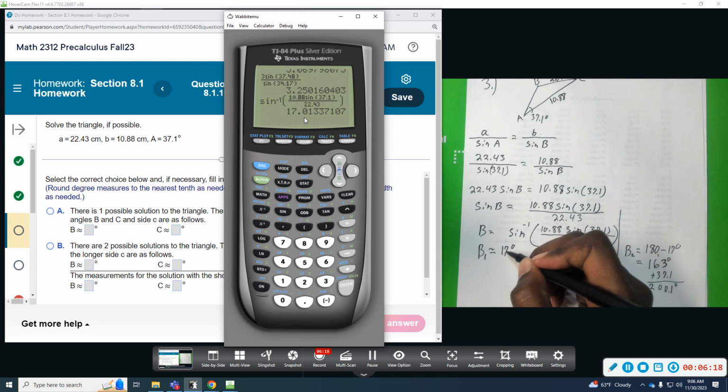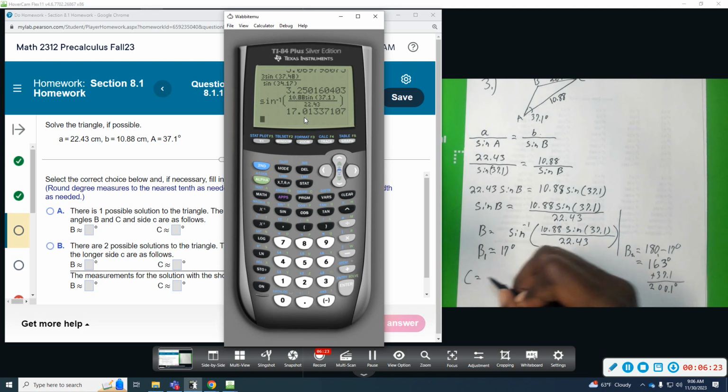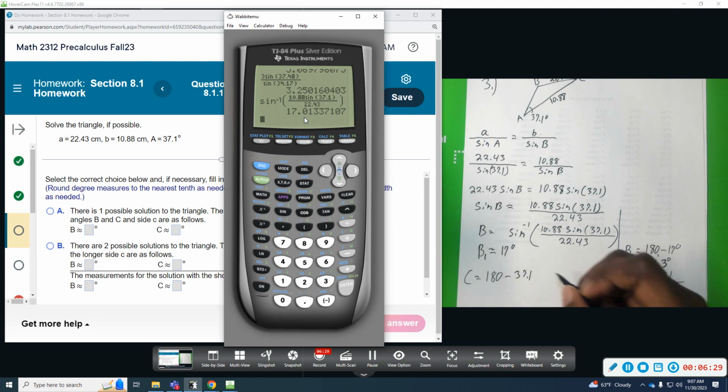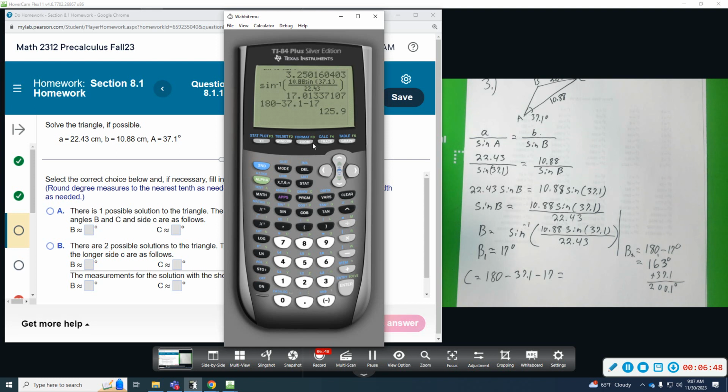And so now that I found this angle, I will find angle C. 180 minus 37.1 minus 17 is 125.9.